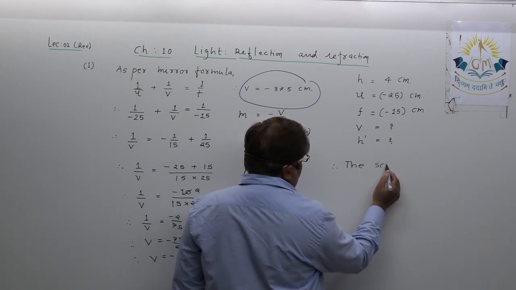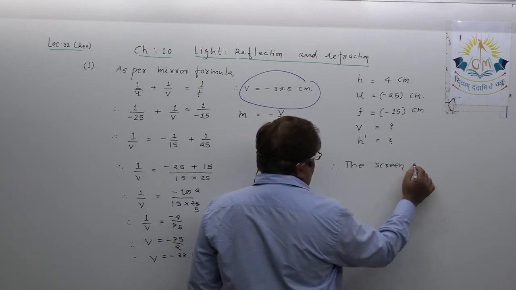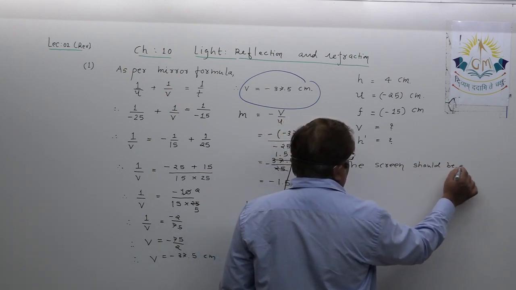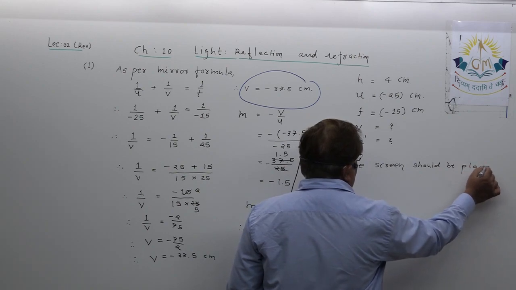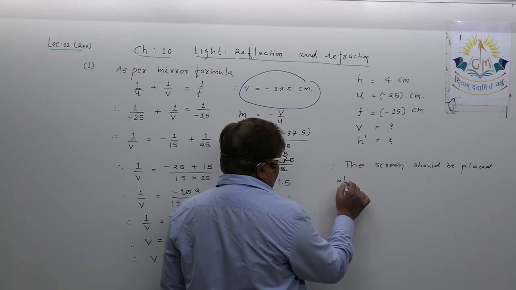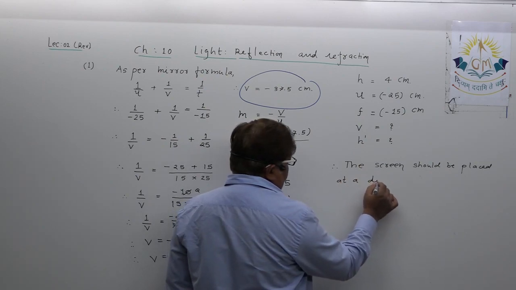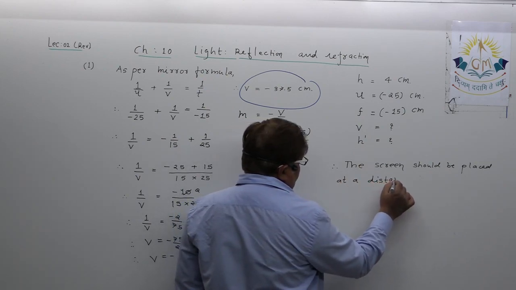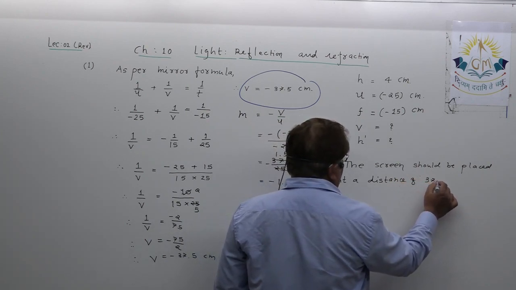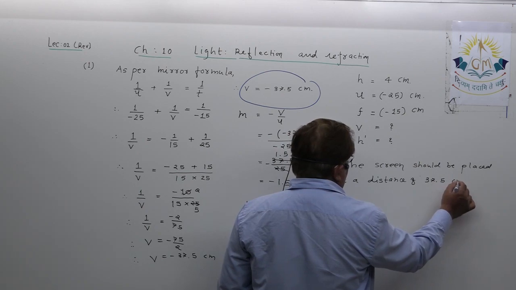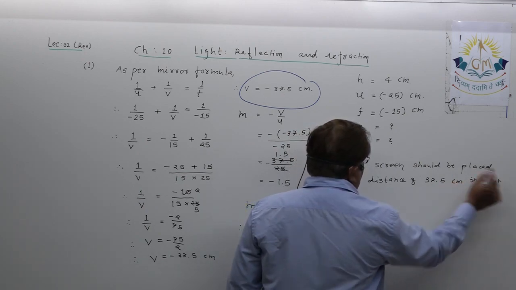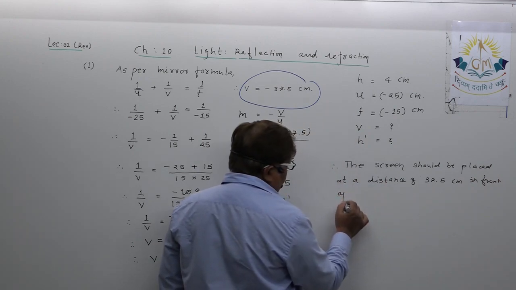In the exam, you need to write the final statement: the screen should be placed at a distance of, here you don't show the sign, 37.5 centimeter in front of the mirror.